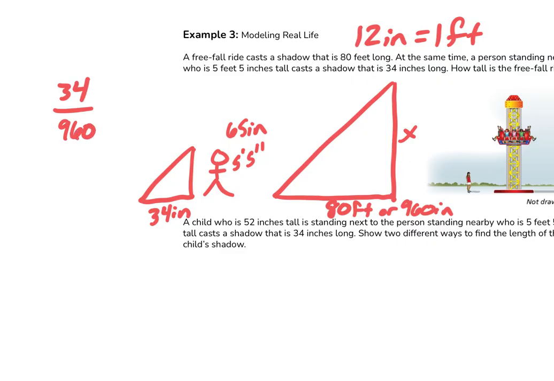I'm only going to use the inches here. As 65 goes to X. The nice thing about going to inches here is we don't have to worry about decimals or fractions. So inches is going to be a little bit better way to work. Now we can cross multiply. So we're going to take 960 times 65 and then divide it by 34.